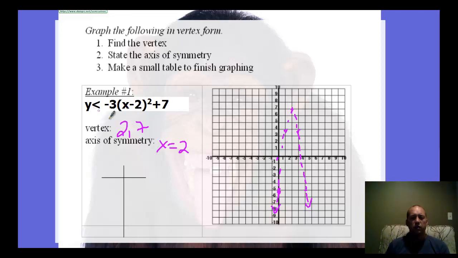So I plug in (0, 0): negative 2 squared is 4, 4 times negative 3 is negative 12, plus 7 is negative 5. So we have 0 is less than negative 5, which is false. That point's not true, so a point inside would be true.